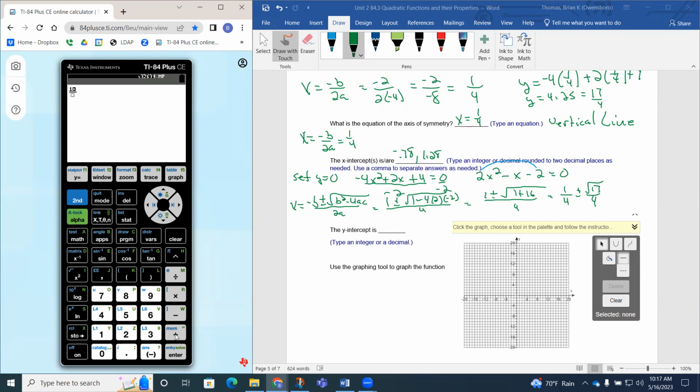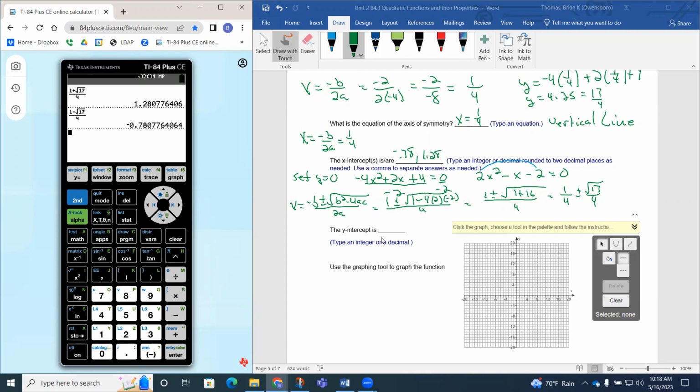So we'll have 1 plus the square root of 17 divided by 4. Notice that gives me that 1.281. And then if I do that fraction again, alpha f1, 1 minus the square root of 17, and go down and put a 4 in, it also gives me the -0.78. So that would be our two x-intercepts. They're not very friendly there.